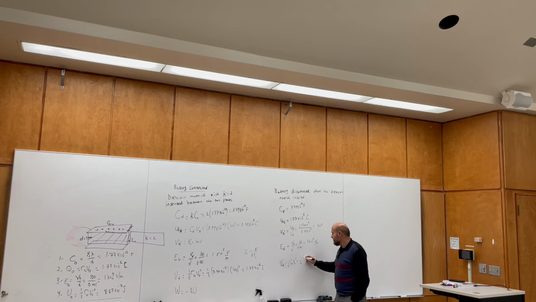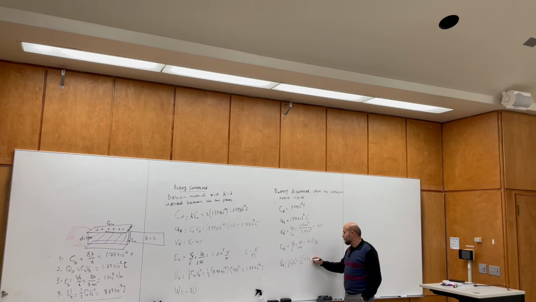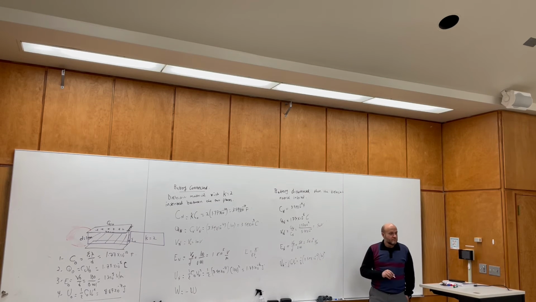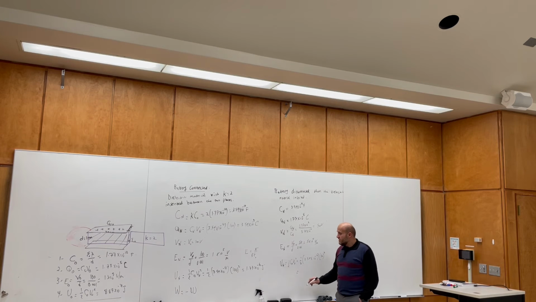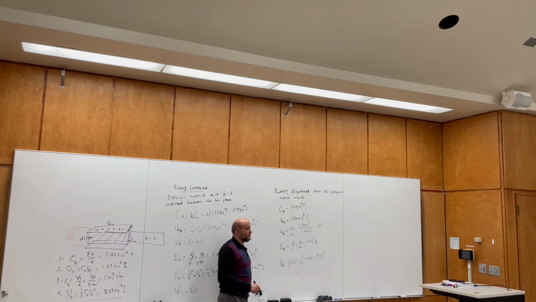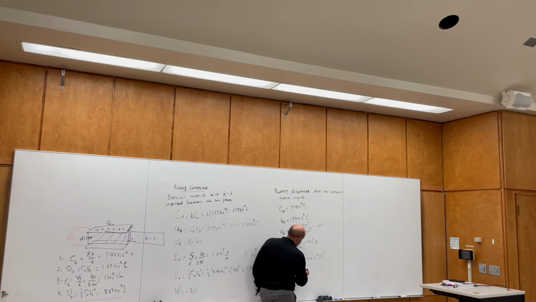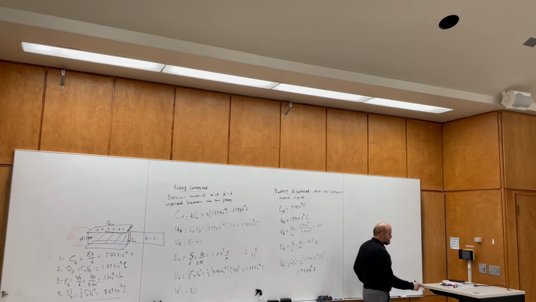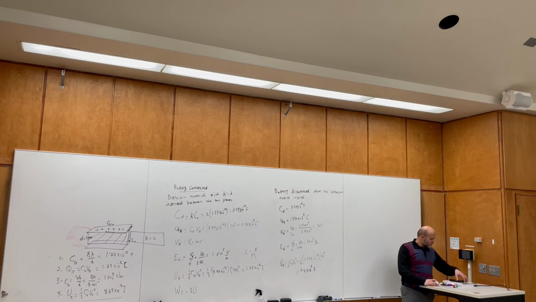That is half of 3.54 times 10 to negative 10, and now the volt is only 50. This is going to be half of this. So it's 4.4 times 10 to minus 7. So actually, as you see, the energy is going to decrease.